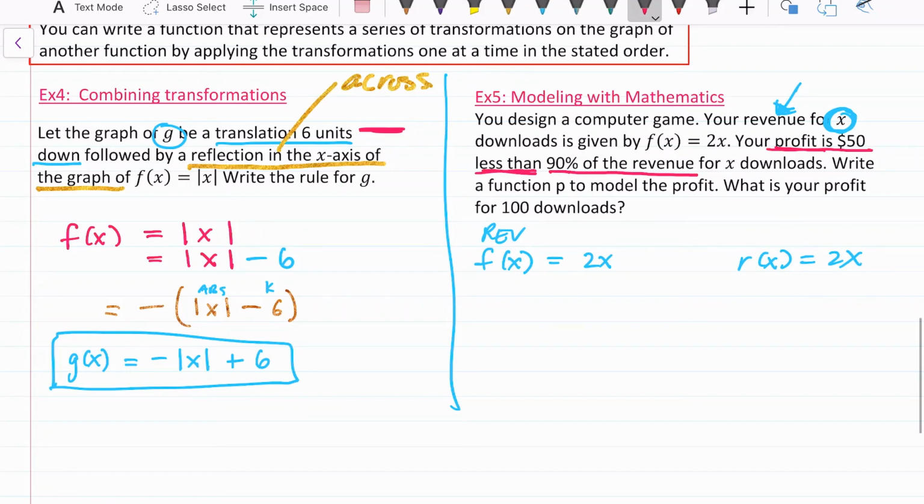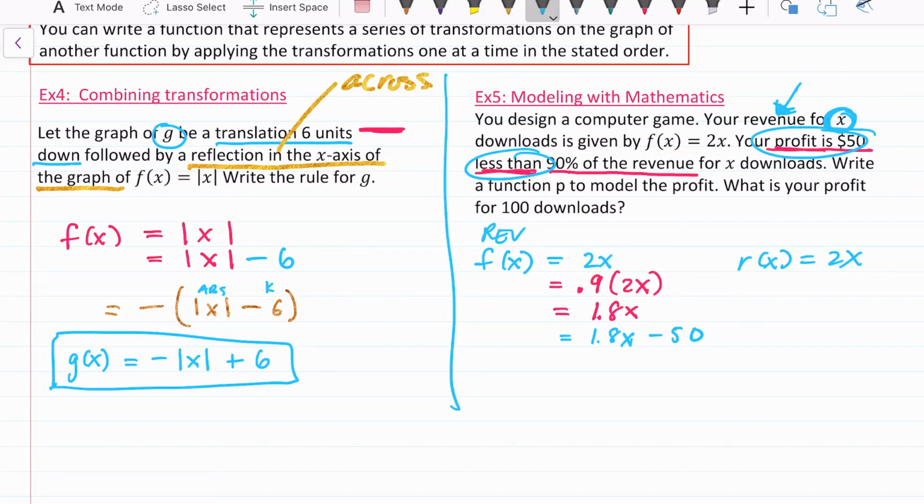So you do 90% of this first. That would be 0.9 times 2x, which is 1.8x. And then $50 less than that. So that will be 1.8x minus 50. And that stands for the profit.